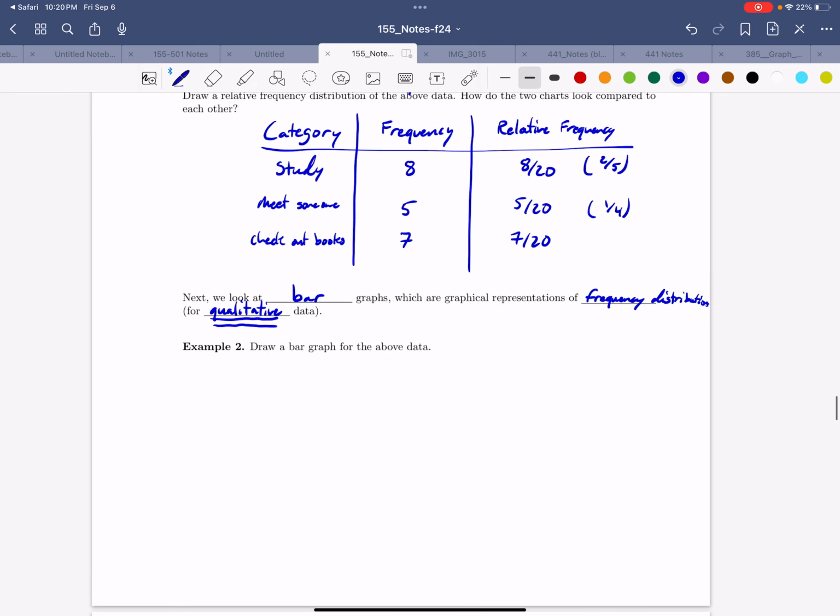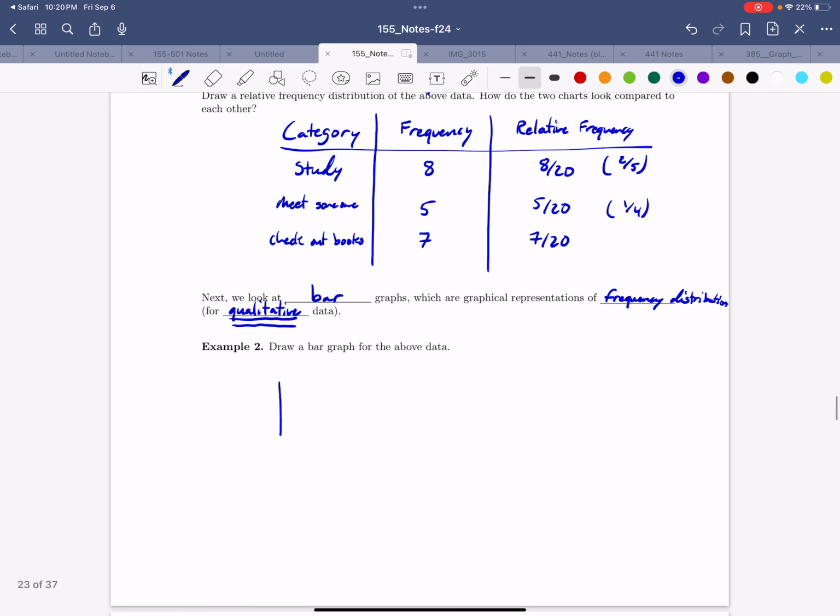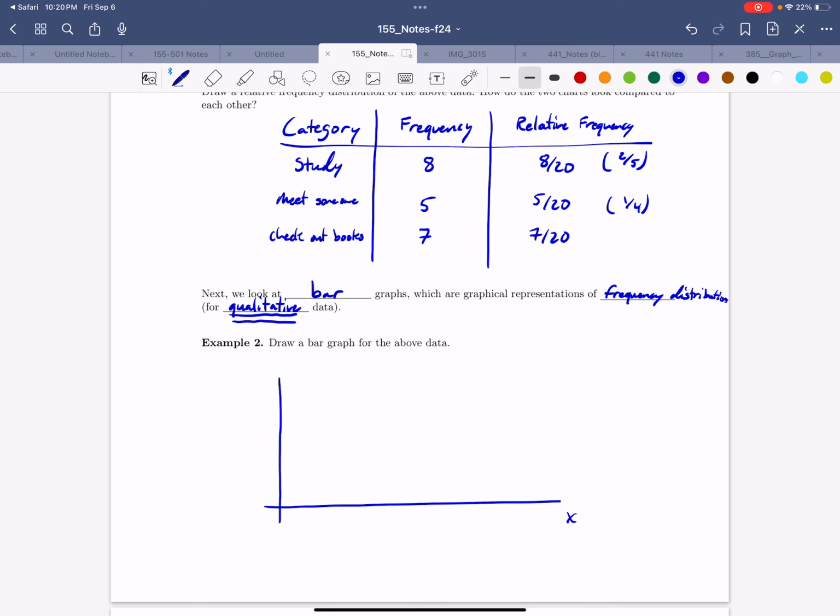So I'll zoom out a little bit so you can just see the original frequency distribution, right? So, sure enough, we've got the x-axis and the y-axis. You don't need to label them as x and y. I just do that because I'm used to doing this in other classes like college algebra or calculus.